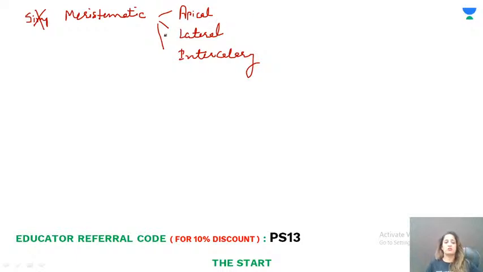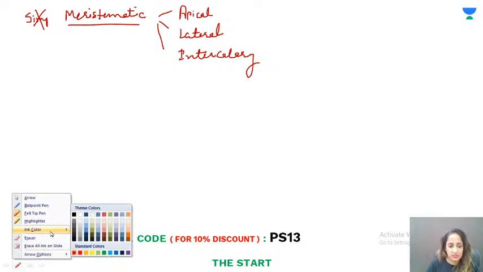Right, so this is what we will discuss under meristematic. But guys, first of all we need to understand this thing: what are meristematic cells, or what is meristematic tissue?